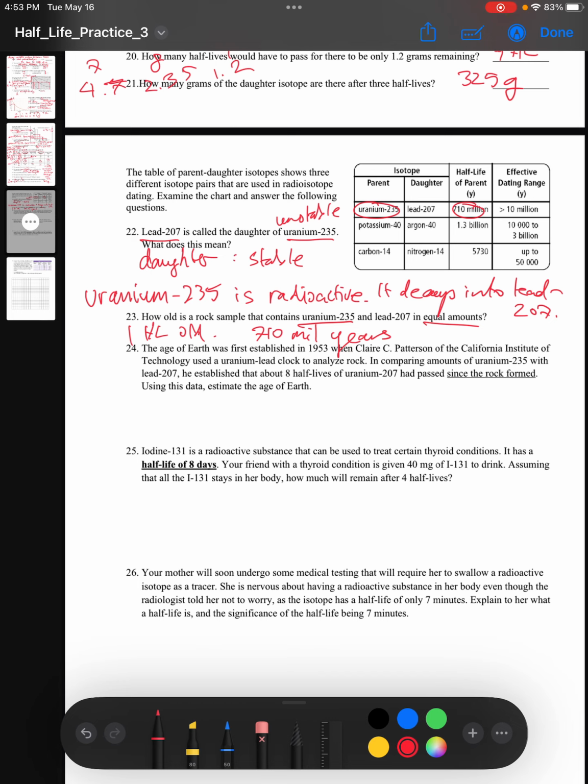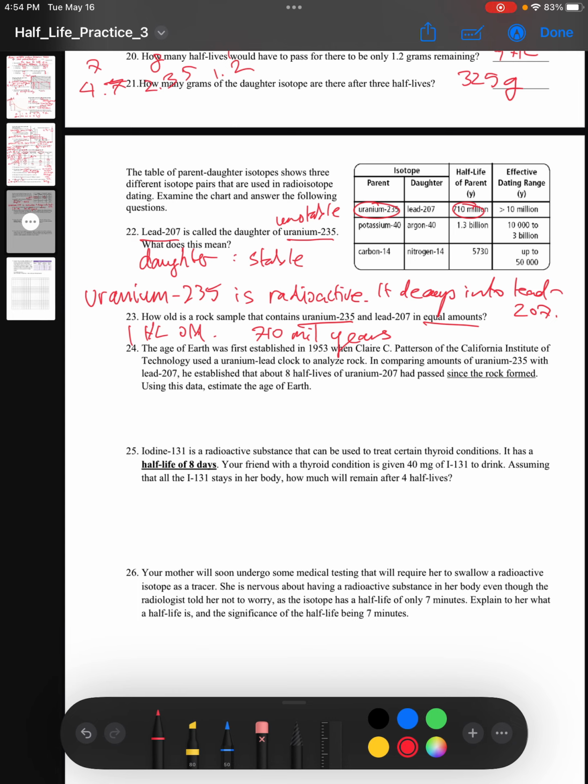Question 24. The age of Earth was first established in 1953 when Claire C. Patterson of the California Institute of Technology used a uranium-lead clock to analyze rock. In comparing amounts of uranium-235 with lead-207, he established that about 8 half-lives of uranium-207 had passed since the rock formed.